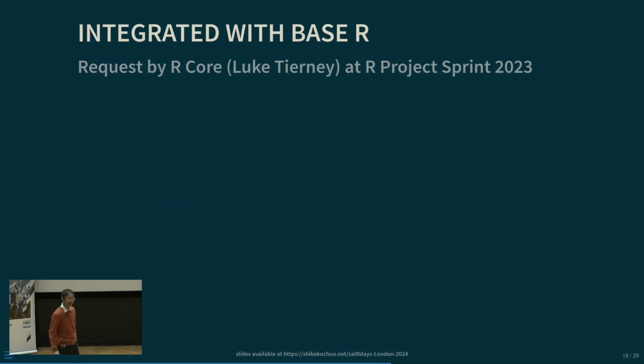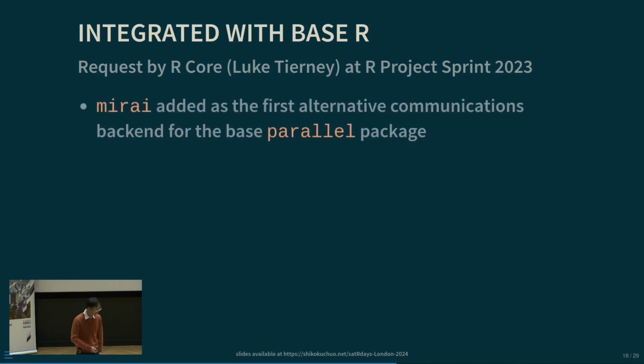Mirai has also been integrated with base R. So this is something that came out of the project sprint last year, which was held in Warwick, led by Heather. Thanks to Heather. And Mirai has been added as the first alternative backend for the base parallel package. And why that's relevant for you, Shiny users, well, we actually did quite a bit of work on ensuring statistical correctness for random number generation in these parallel processes.